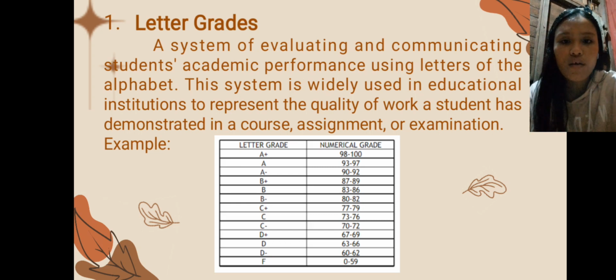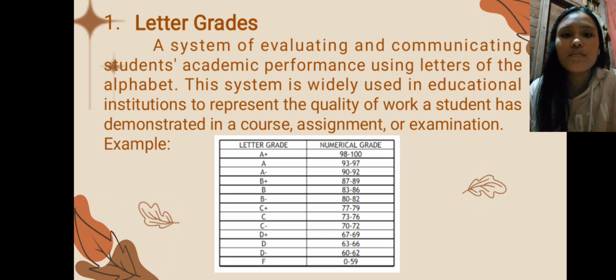So, instead of numbers, they use letters to represent a range of grades. So, for example, A could be used to represent grades of 90% and above, B to represent grades 80% and above, C to represent grades 70% and above, and so on. Alternatively, you could have pass for grades above 50% and fail for grades below 50%.